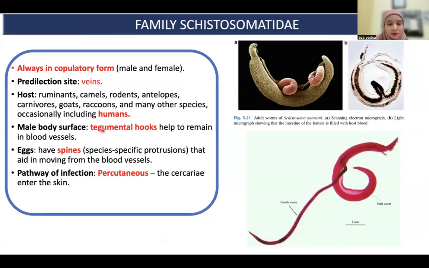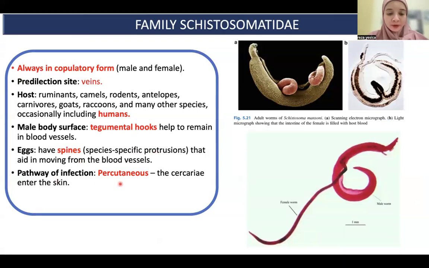The main body surface is covered by tegumental hooks. It helps them remain in blood vessels so they can stay in specific locations. They have spines, like protrusions, that aid moving from blood vessels into other vessels or urine.